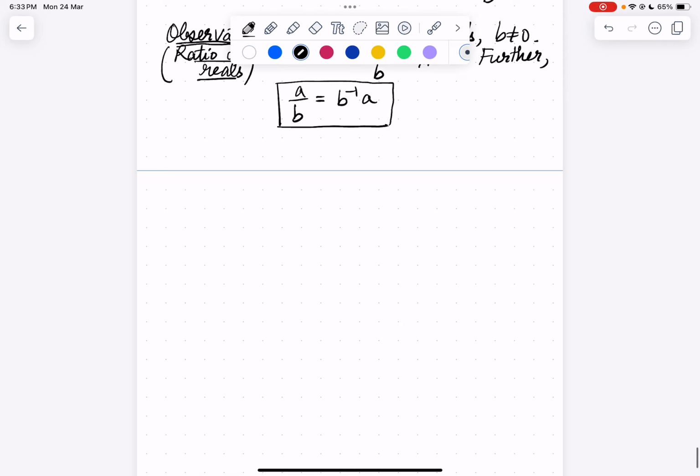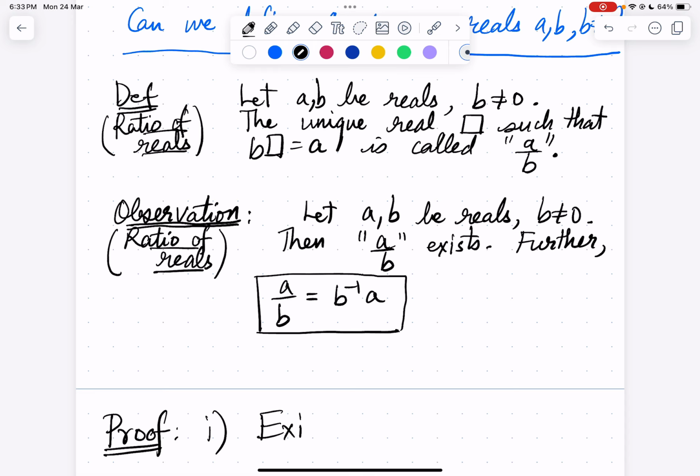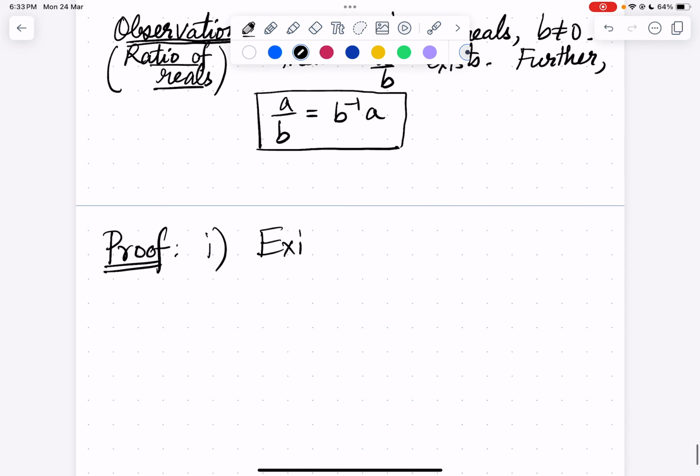So we'll prove that b inverse a acts as that point. We'll prove first the existence part. We need to show the unique real box such that b times box is a. So existence: consider b inverse a.